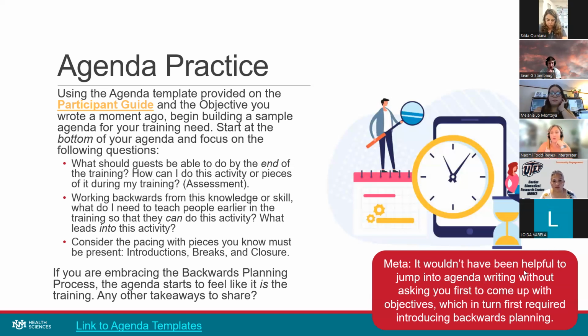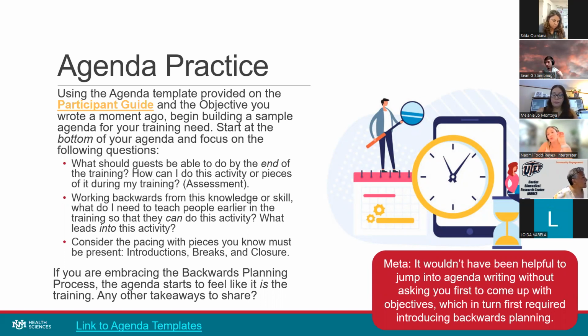I also just want to share that in my planning of this training, I realized from my backwards planning that it wouldn't be helpful just to give you an agenda template and say, okay, here you go, start planning a training. There were some things we had to do first. We had to work backwards from the idea of the objective and backwards planning and the end goal before introducing an agenda even made sense for you all.